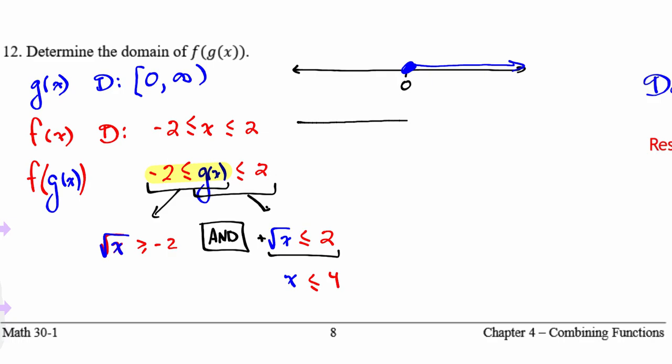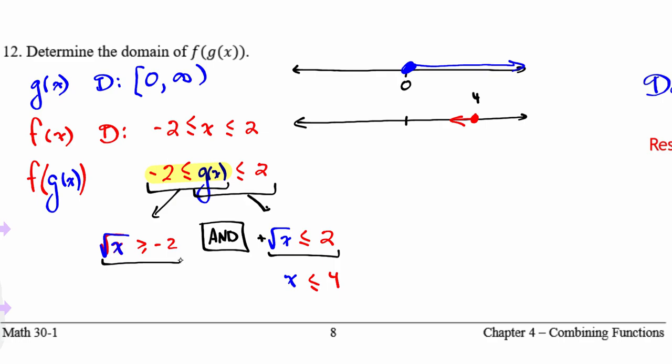So far, if I put that on a number line, now I have a 4 here. And I'm saying that my input can equal 4 or it can be anything less. That's as far as I'm going to go for now, because I need to still look at this inequality.